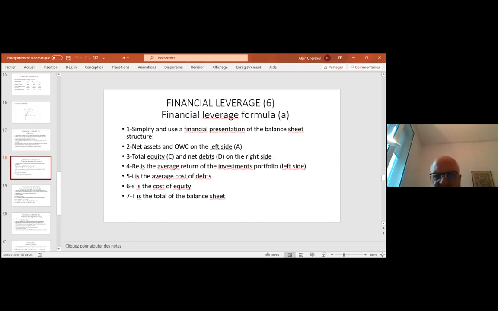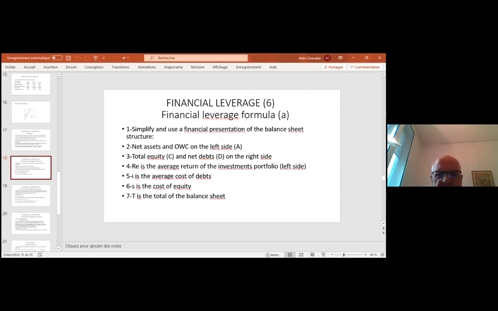On the other side, point 3 here, you get the total equity, no change, and the net financial debts. Net means the long, medium, short-term financial debt minus the cash, which is on the accounts of the firm. So you have a new structure on the balance sheet, but you keep, in fact, the same elements. All the elements, equity, liabilities, and assets are still there.